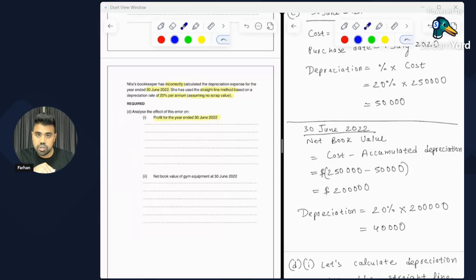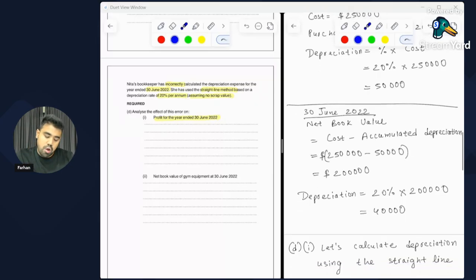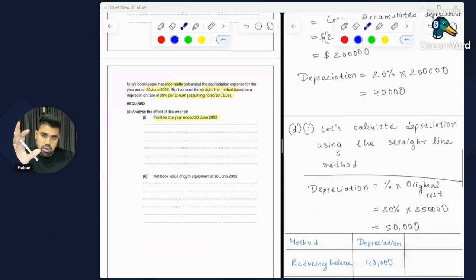Recall that the equipment was purchased on 1 July 2020. From 1 July 2020 until 30 June 2021, we have year 1, and from 1 July 2021 until 30 June 2022, we have year 2. So 2 years since the date of purchase.